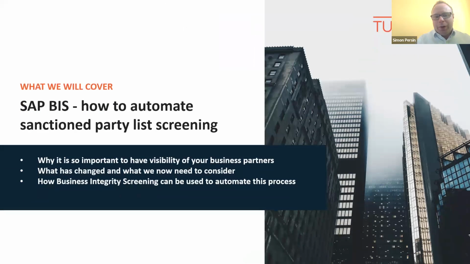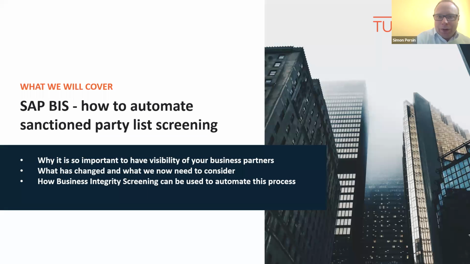So as I mentioned, what we're looking at today really is how to automate sanctioned party screenings, but more importantly, what we need to address is why that's so important in the first place. So we need to get the visibility of our business partners, no matter what kind of business partners they are. But more importantly than that is what's just changed and how has that evolved into the current operating world that we live in.